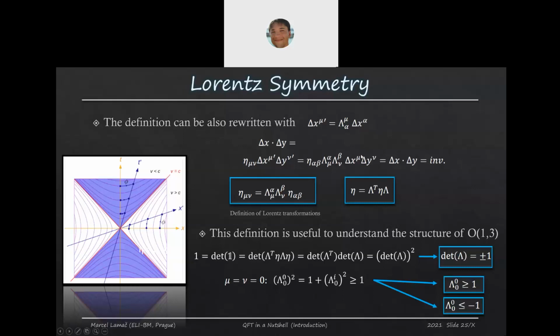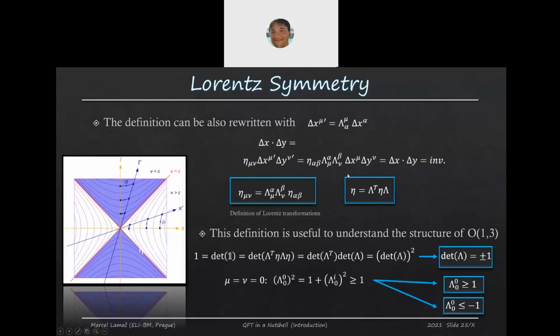But anyway, what we would arrive at is another equivalent definition of Lorentz transformations: they are such transformations that leave the Minkowski metric invariant.